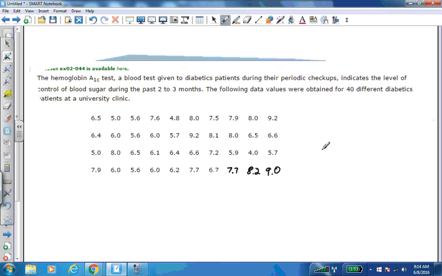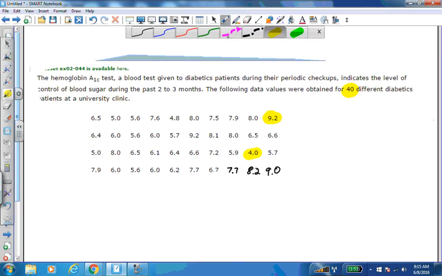So we have values ranging from our smallest is 4.0, our largest looks like is 9.2. We have 40 different values in this group, and instead of counting up how many 4.0s, how many 4.1s, how many 4.2s we have, that wouldn't necessarily be very profitable.